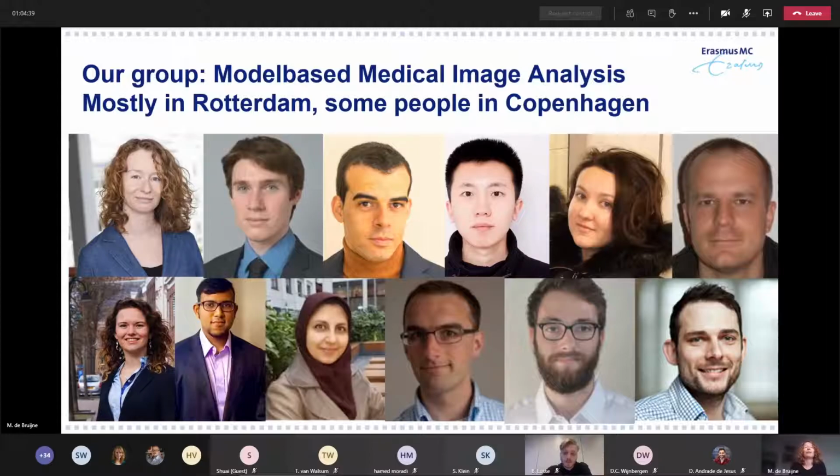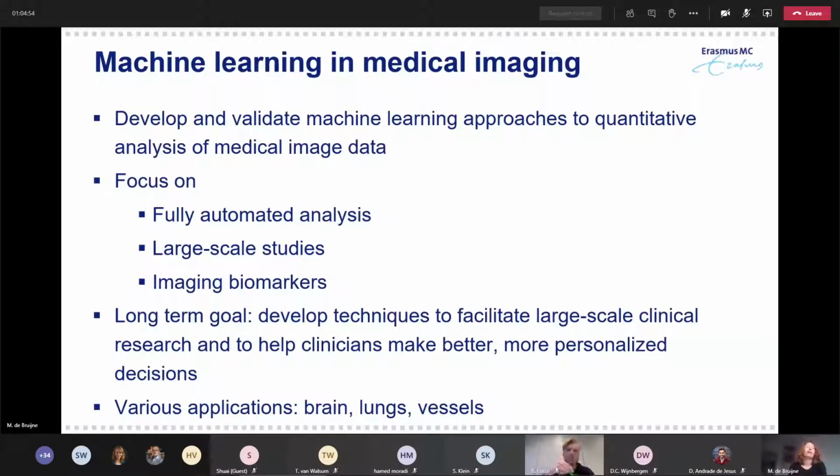This is the group, a great team of people having lots of collaborations and having weekly research and brainstorm meetings online that you will join if you are a master thesis student in our group. Our group focuses on machine learning techniques. We develop and validate such techniques for quantitative analysis of medical image data.